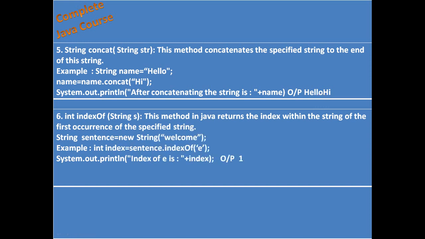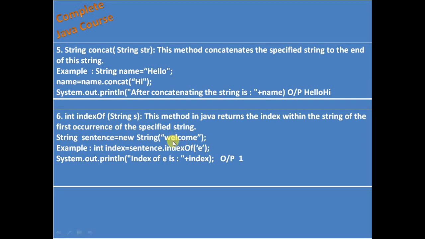Now the next method is indexOf with a string. This method in Java returns the index within the string of the first occurrence of the specified string. Suppose you create a string with the value welcome, and you call the indexOf method on the string sentence, indexOf e.